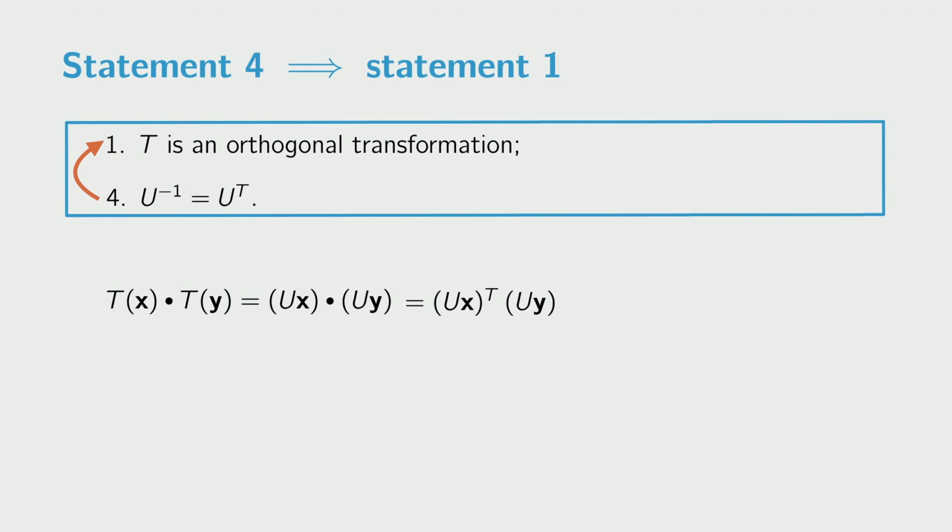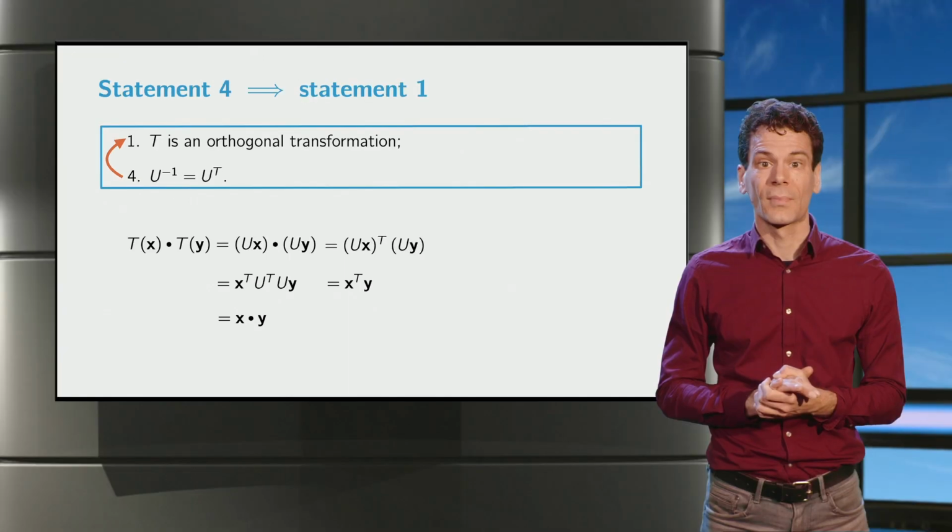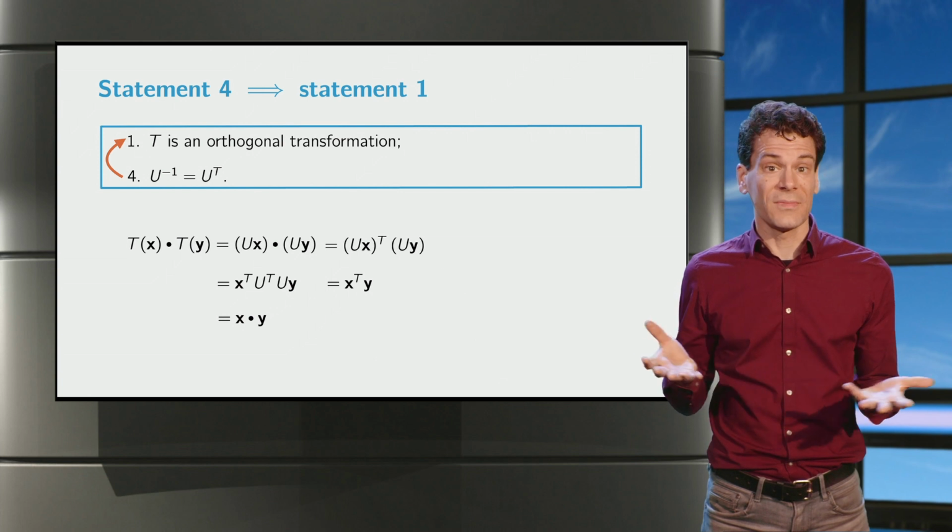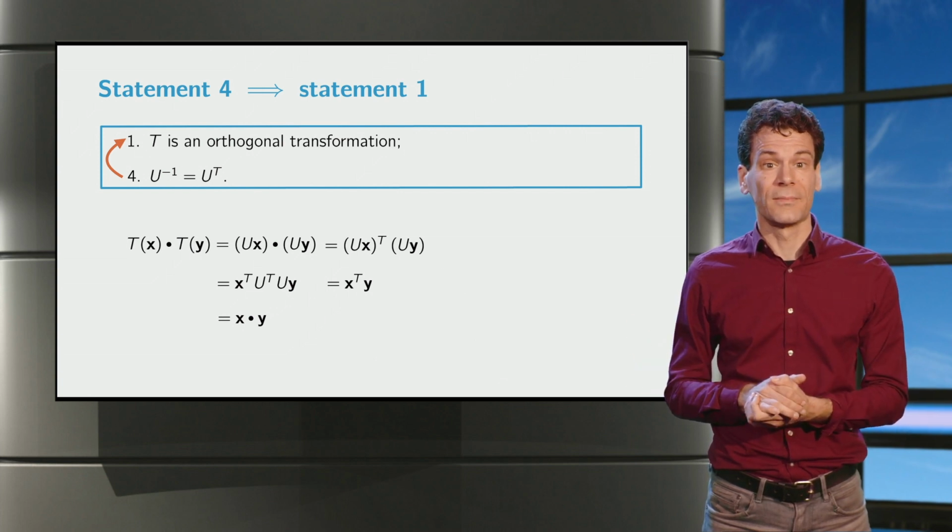Using the product rule for transposition, we find this expression. Now we can use the assumption on U. Since U transpose is U inverse, U transpose and U cancel. Writing this again as dot product, we see that indeed Tx dot Ty equals x dot y, no matter what x and y are. This means that T is an orthogonal transformation.